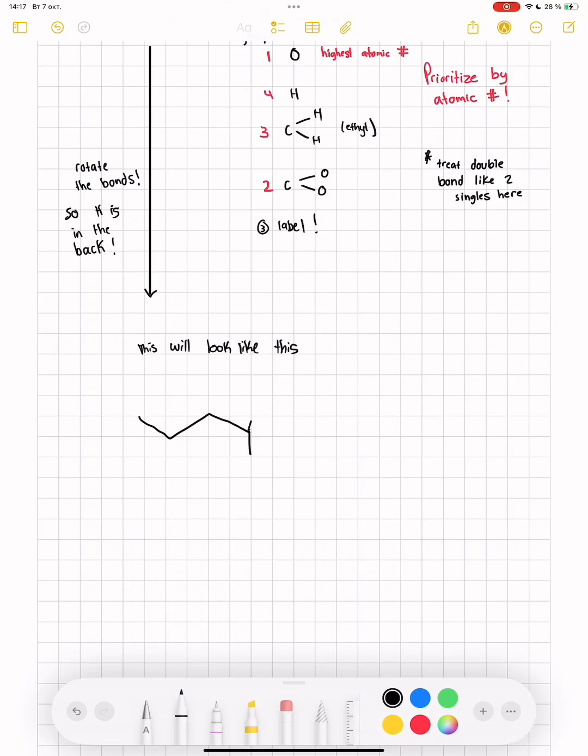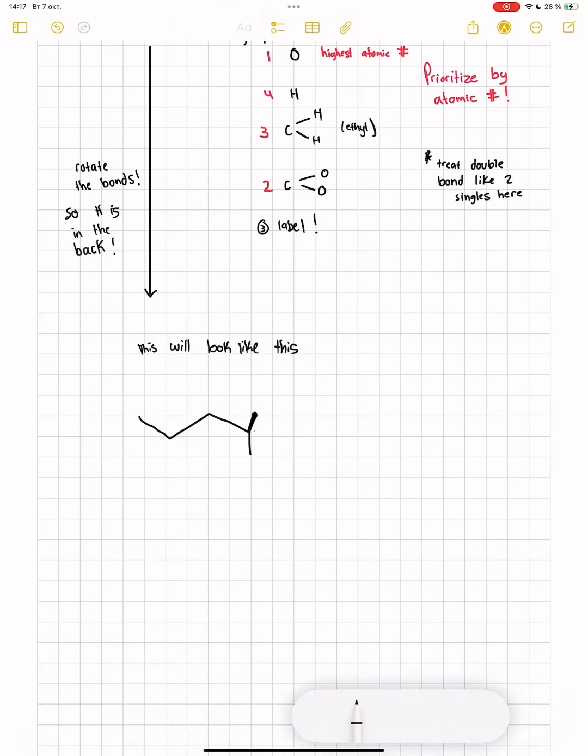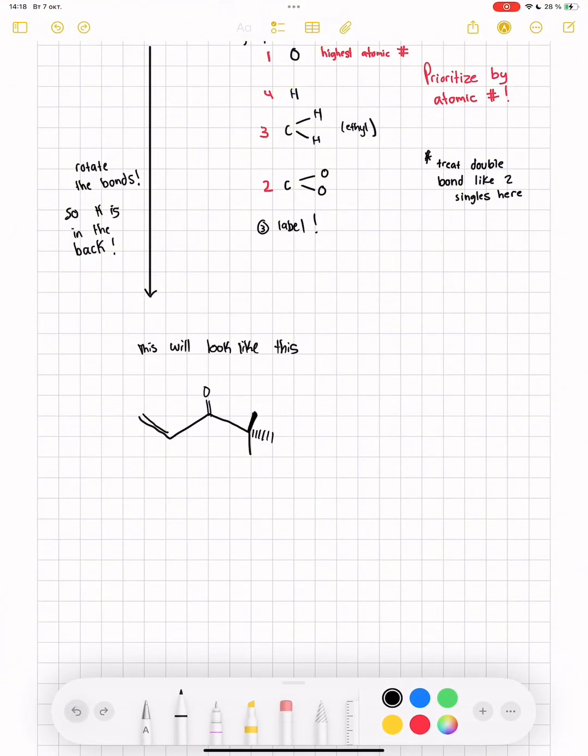That will be our H. Okay, here's our ethyl. I'm not going to draw the ethyl in, because remember, we are rotating all of them. They are going to be in different spots. Here's the dash. Remember, this double bond oxygen stays the same. Let me draw that double bond a little better. We don't worry about that side.